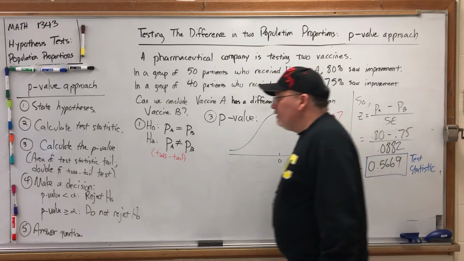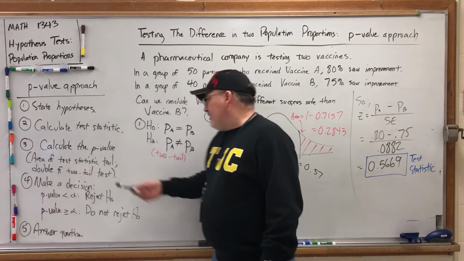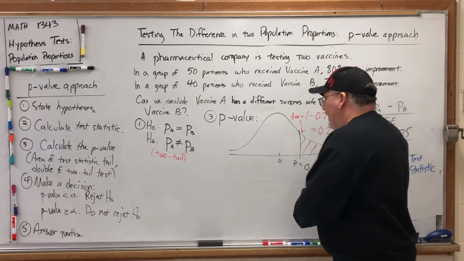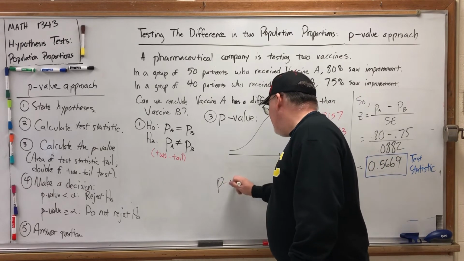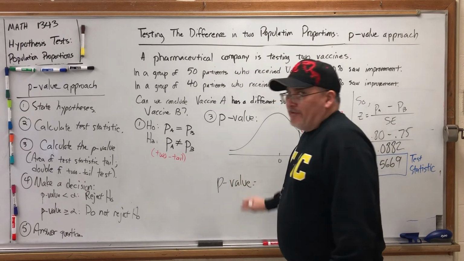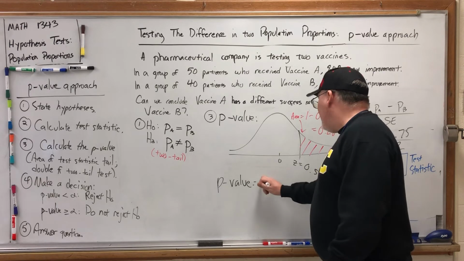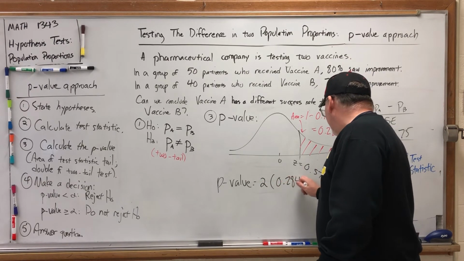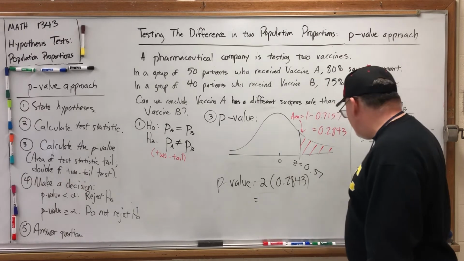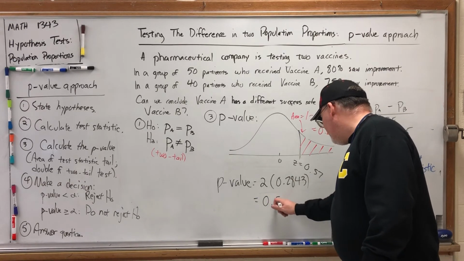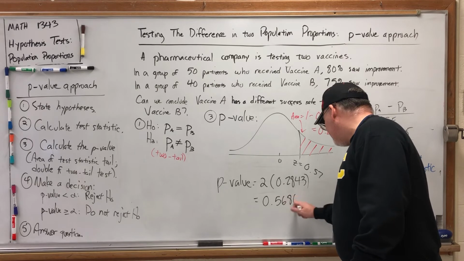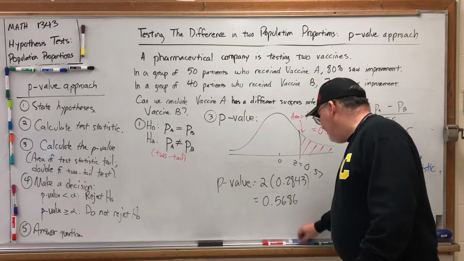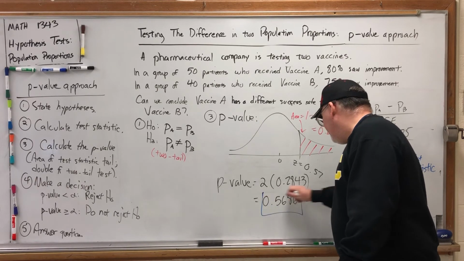Because remember, you double that area if it's a two-tailed test. That means our p-value, this is why I prefer the critical value approach, is twice this 0.2843, but even if I didn't double it, I would make the same decision. Let's see what this is, 0.5686. All right, so there's our p-value. Took us a while to get there.